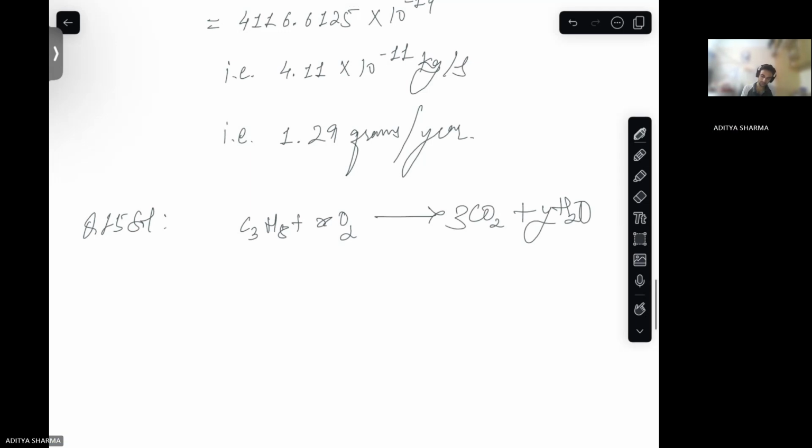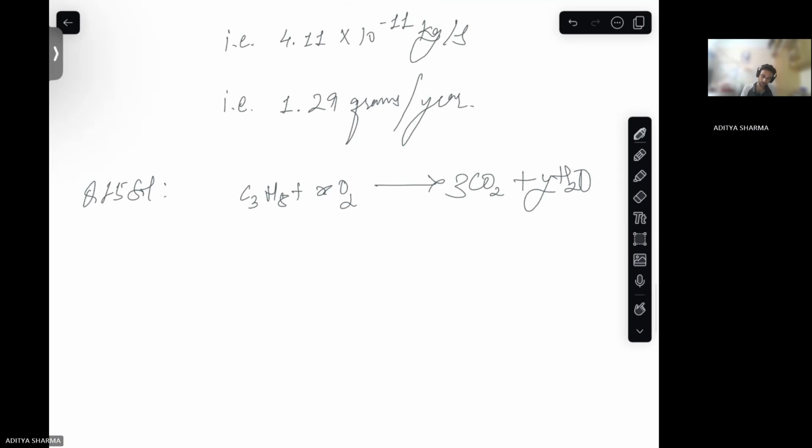Okay. So y will be equal to 4 and then for H8 equals 2y, implies y equals 4.